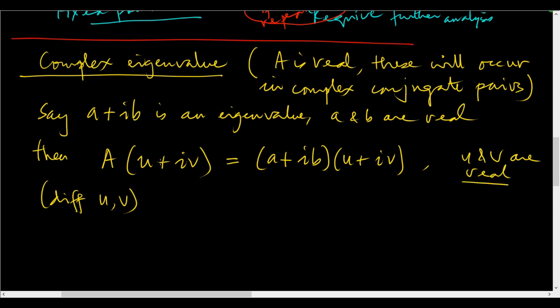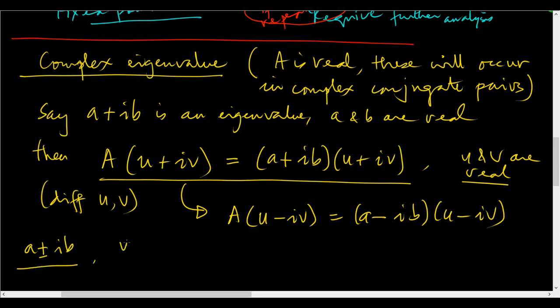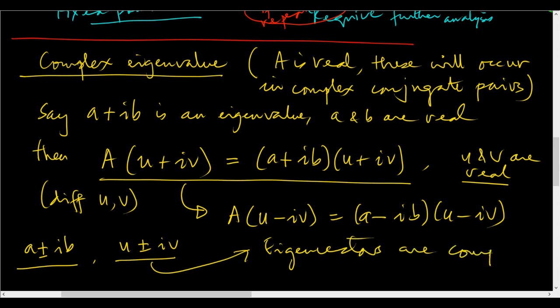This tells you, if you are familiar with complex arithmetic, that automatically A(u minus iv) is going to be (a minus ib) times (u minus iv). That means a plus minus ib are the eigenvalues, u plus minus iv are the eigenvectors, but the eigenvectors are complex. What does that mean?